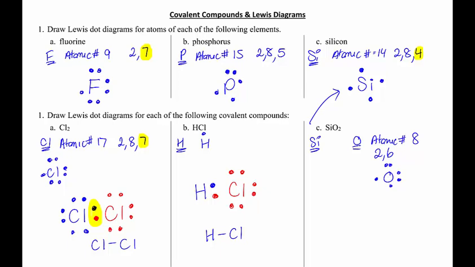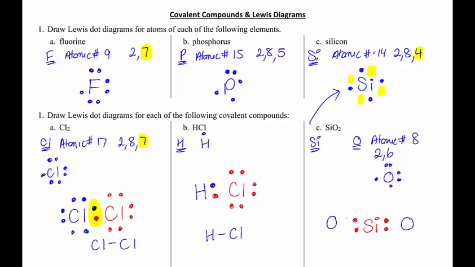So what we're going to have to do here, because silicon needs 4, 1, 2, 3, 4, there's going to be some sharing happening. So I'll draw silicon in the middle with its 1, 2, 3, 4 electrons, and then I'll draw an oxygen either side.